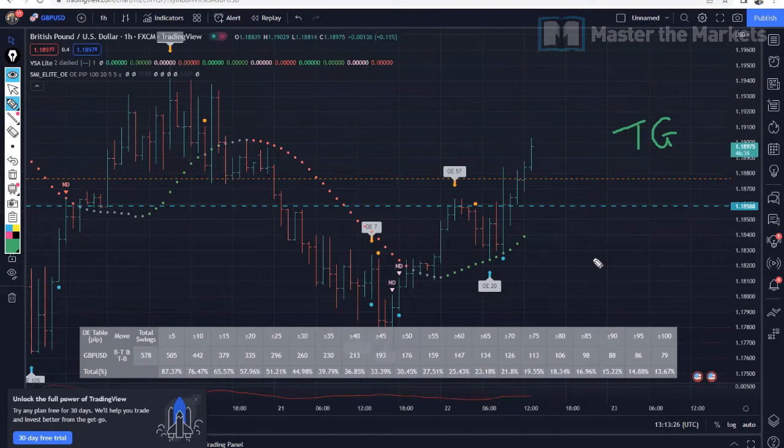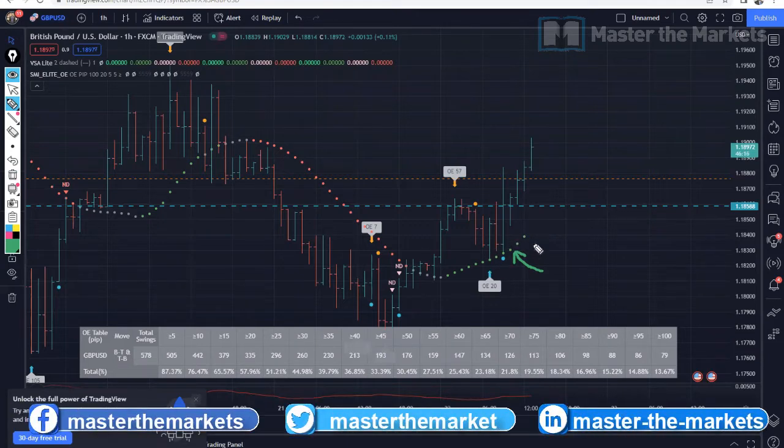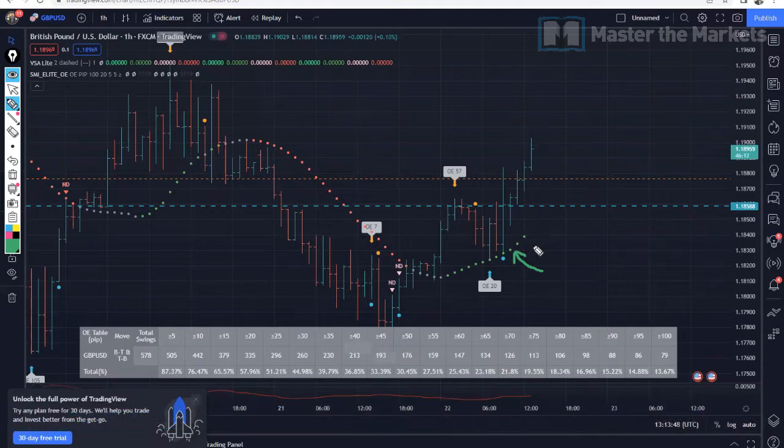What we are really doing is not only waiting for our confirmation signal with the dot from our smart money indicator, we also ensure that the green dots are there at the bottom too, which confirms with the volume methodology by Trade Guider and the Wyckoff method as well. That's what we are having at the moment.